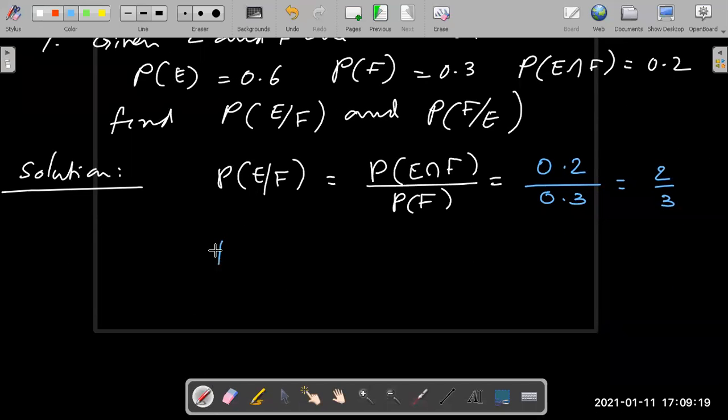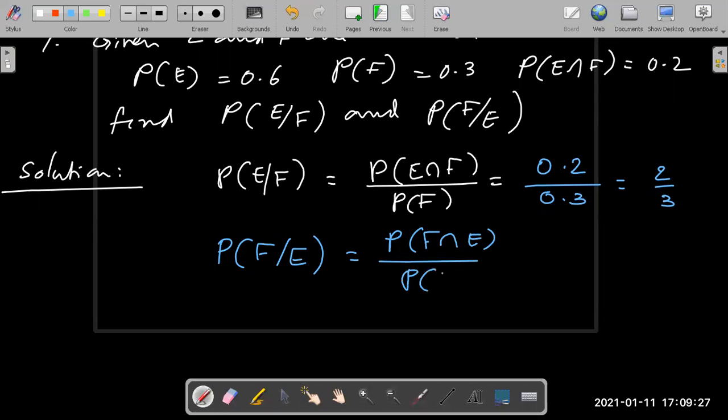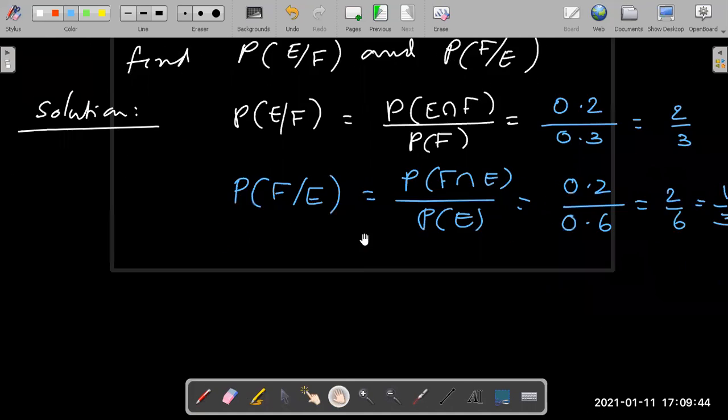The next one, probability of F given E equals probability of F intersection E divided by probability of E. E intersection F and F intersection E are both the same. So you have 0.2 divided by 0.6, which is 2 by 6, so 1 by 3. So the first question is done.